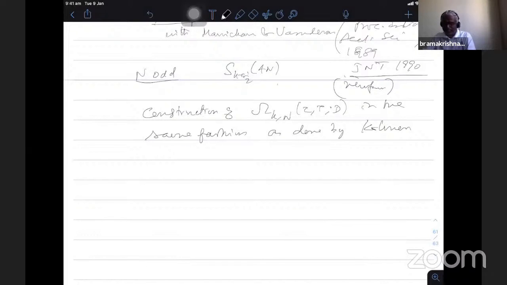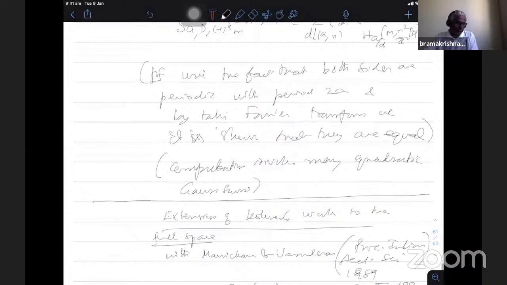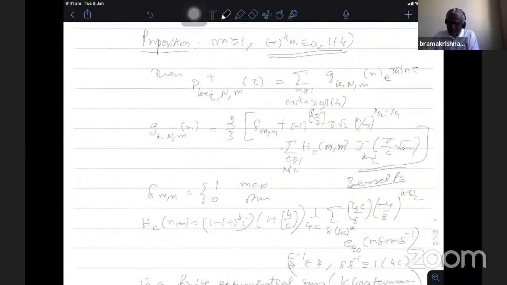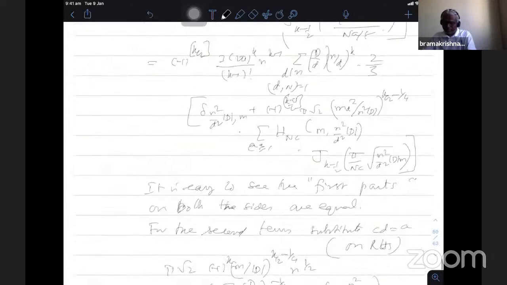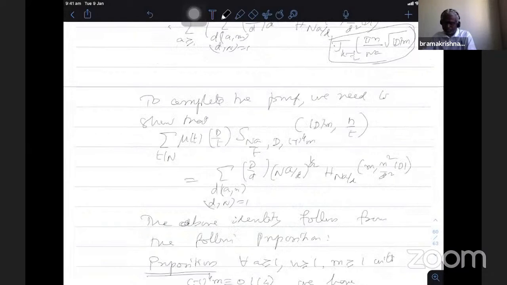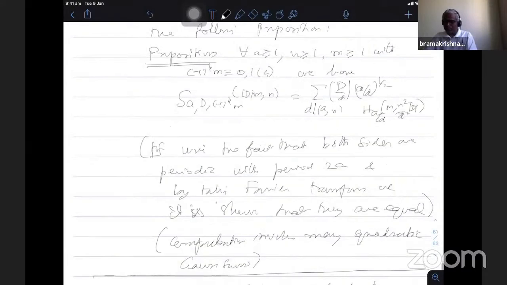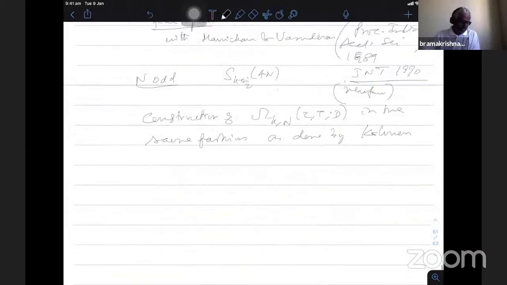Similarly, for the half-integral weight you use the Poincare series, make the definition, and then prove the corresponding theorem 1 in this case. If you follow exactly the same lines, we also end up proving a similar proposition for our results. A little change of the functions will come up, so some constants change, but effectively the same method will work.